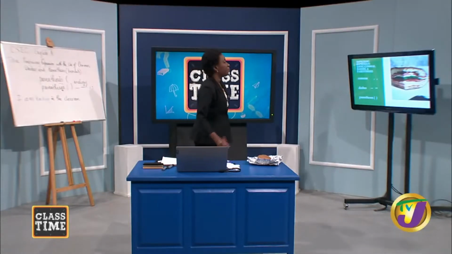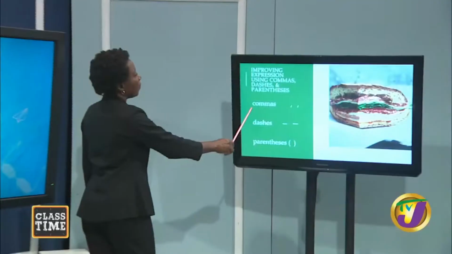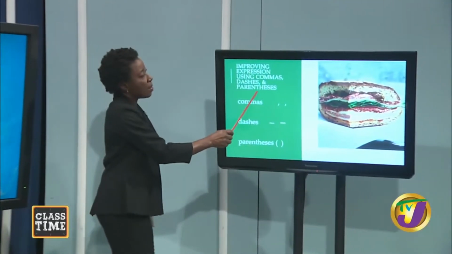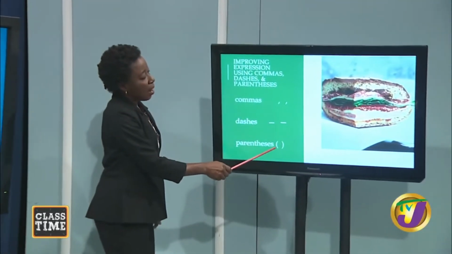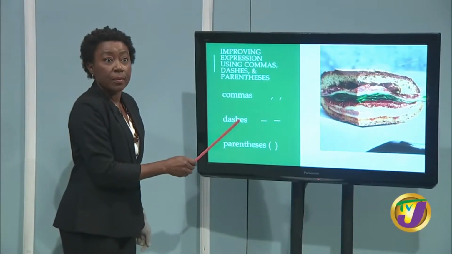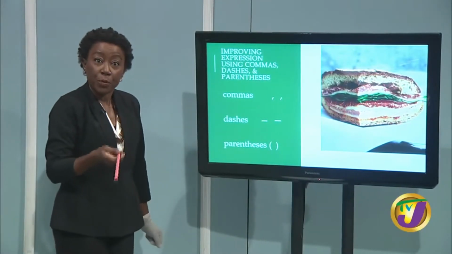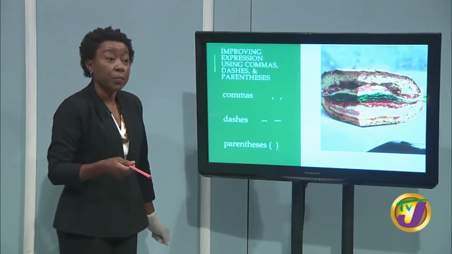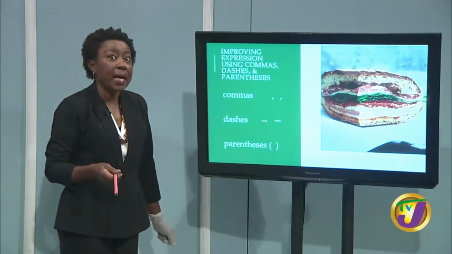Here they are. These are parentheses. It takes the name from the thought. Dashes, and remember, dashes are not hyphens. If you are typing on your computer or your phone, 2 hyphens would make a dash.